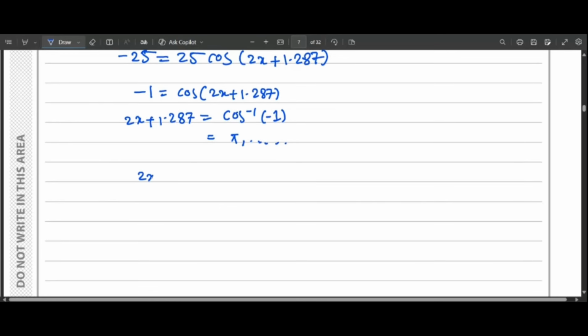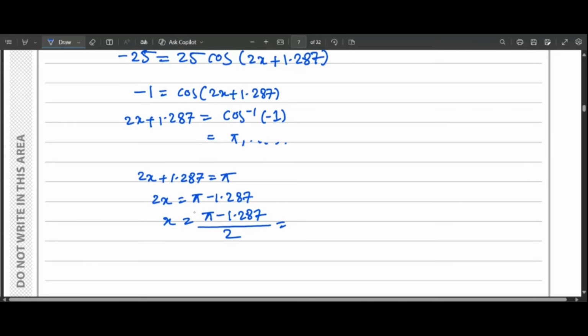So we can write 2x + 1.287 is equal to pi. So 2x is equal to pi minus 1.287. So x is equal to (pi minus 1.287) divided by 2.